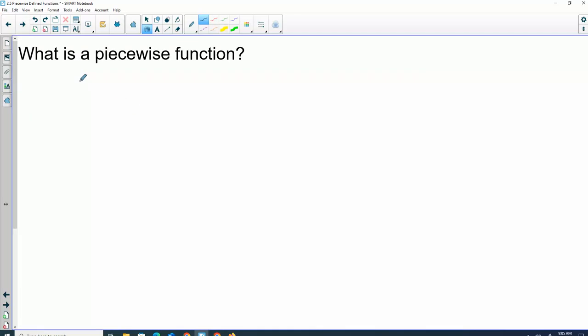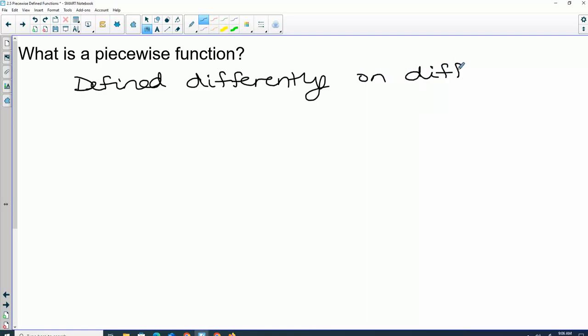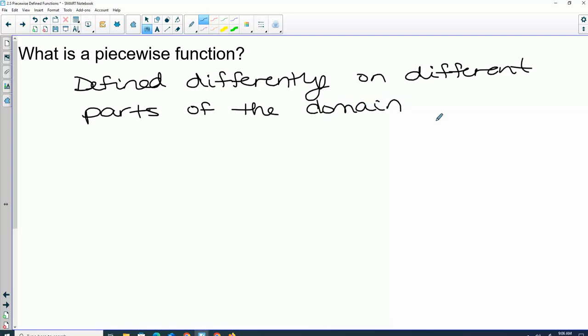So a piecewise function is defined differently in different parts of the domain. So we have multiple rules for that. We are going to focus today on graphing and evaluating these.